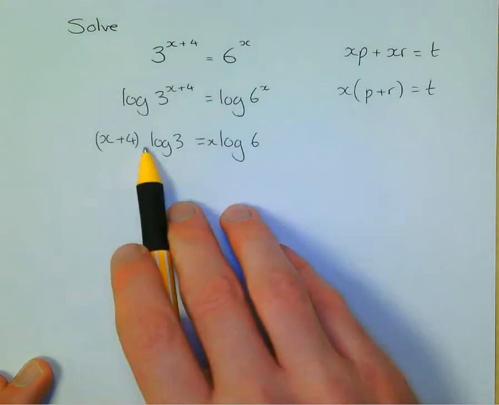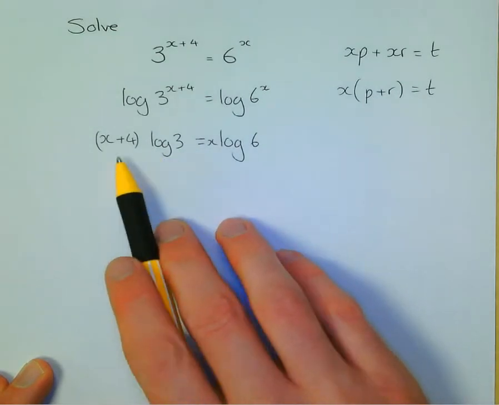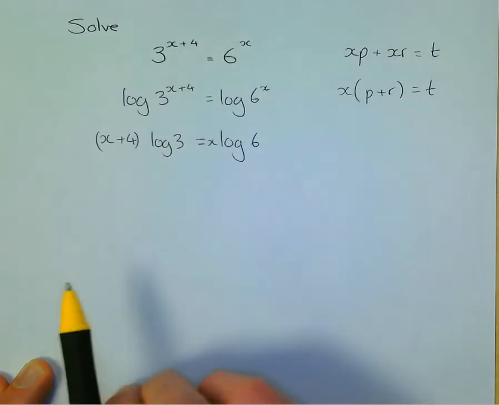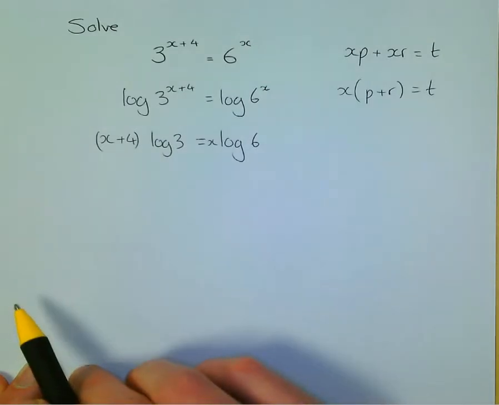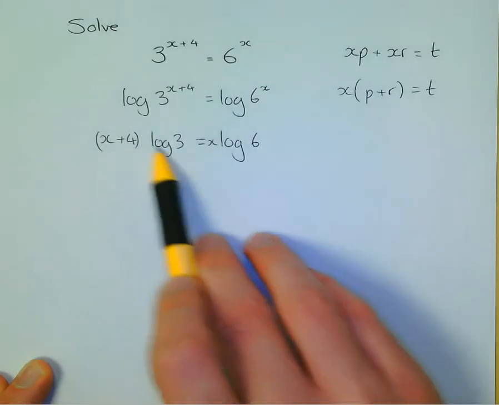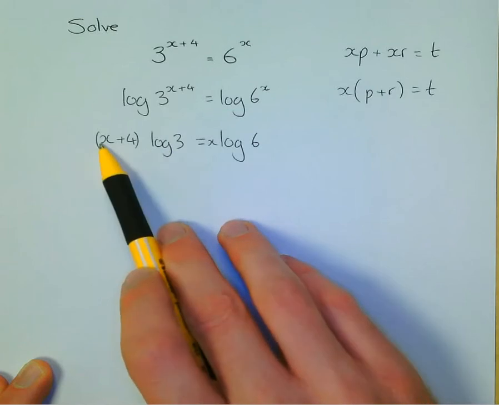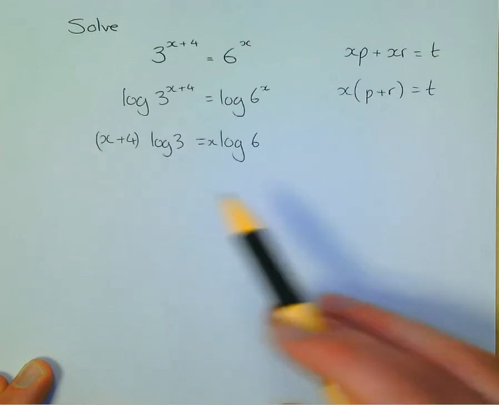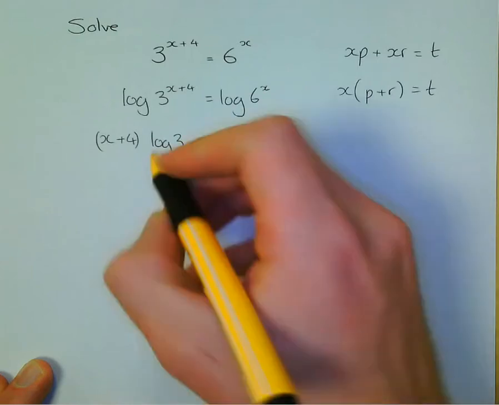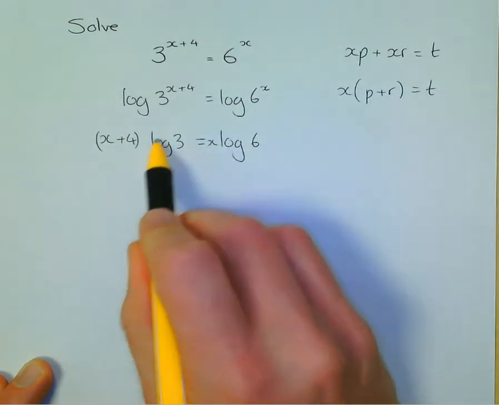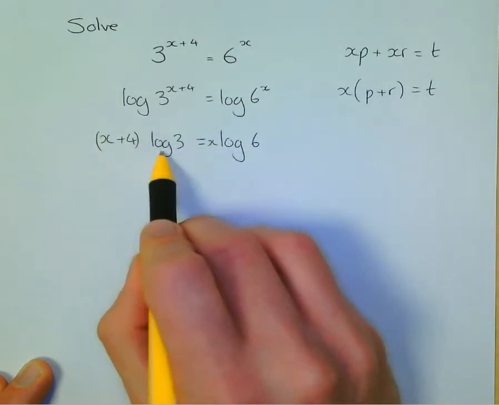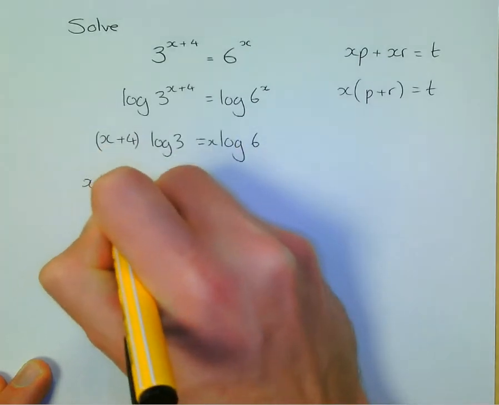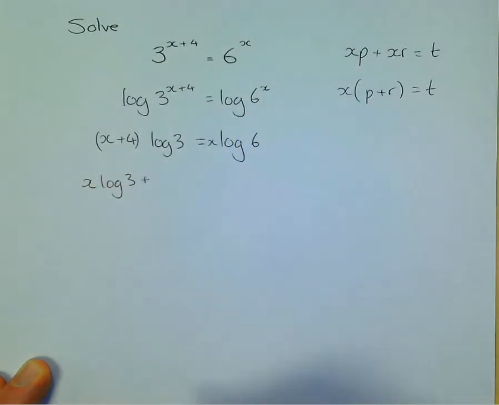So now, like I said in the previous video, we've got this value times this. So I am going to expand. When I've got x on both sides, I am going to expand, get the x term out, and then I can get all those on one side and all the non-x terms on the other side. So imagine this was like a 2. You'd have 2 times x and 2 times 4. But it's log 3 times x, so we have x log 3 plus 4 log 3.